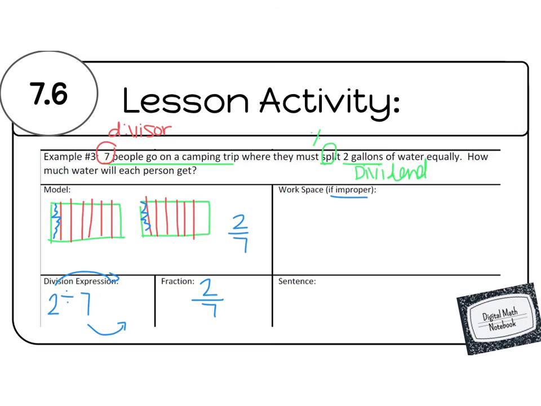We are not improper this time, so your job is to finish this sentence. How much water would each person get? Type in that sentence on your own and make sure that everything in your digital math notebook is complete.